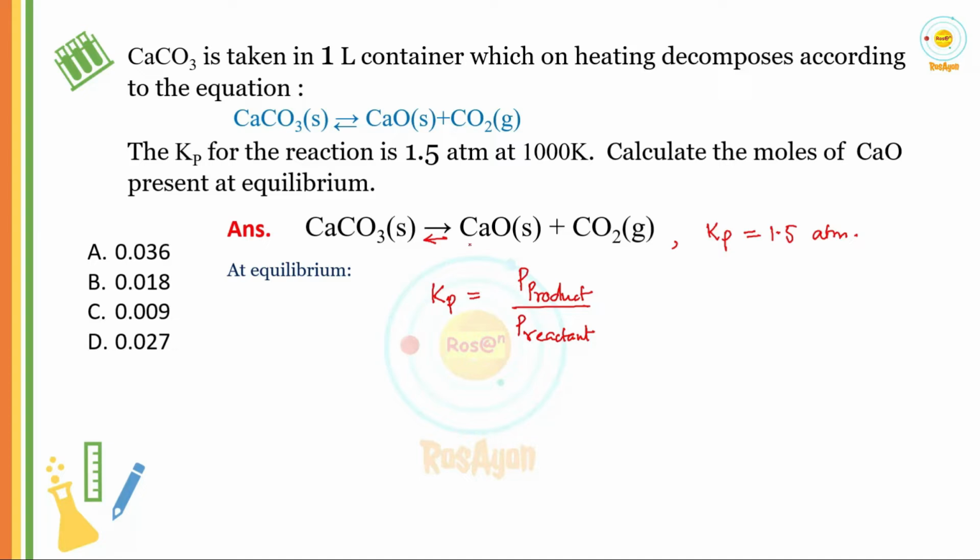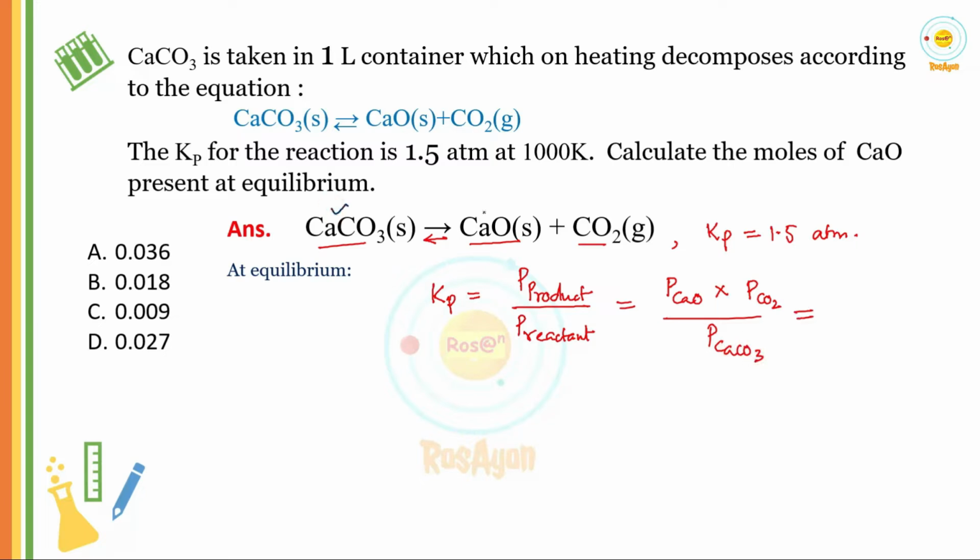Here the products are CaO solid and CO2 gaseous. That means in the place of product we can write partial pressure of CaO into the partial pressure of CO2 divided by, and in the place of reactant we can write the partial pressure of CaCO3.